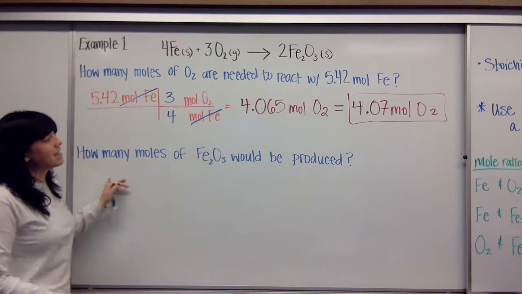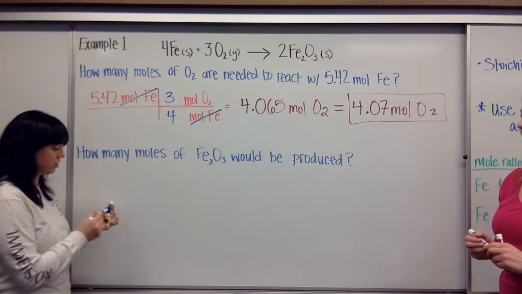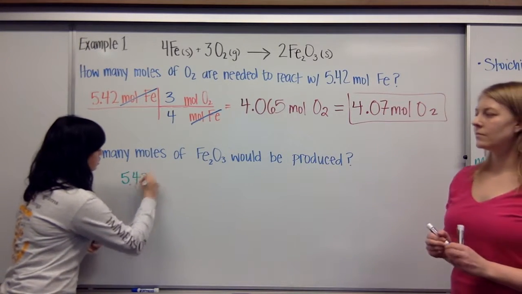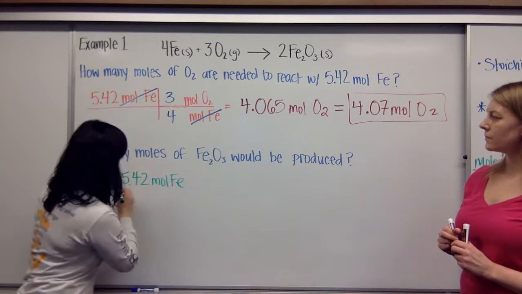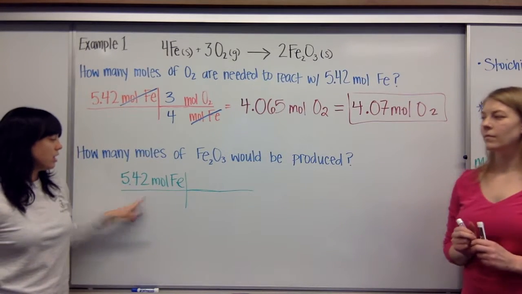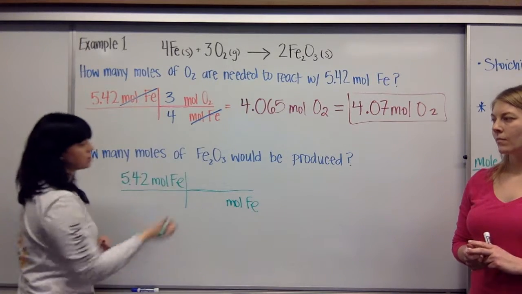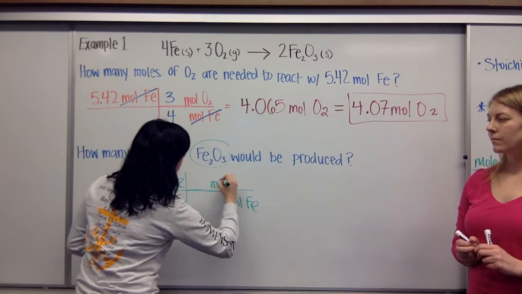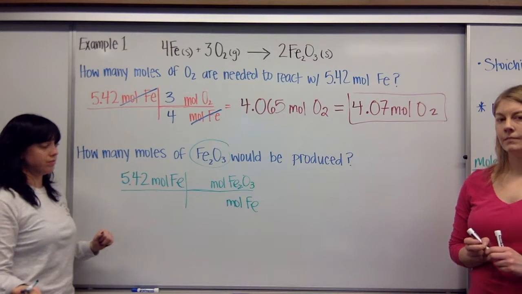So, again, same given. So I start with 5.42 moles of iron. Set up my railroad tracks, or my skeleton. On bottom, I have moles of iron. And I am trying to solve for moles of iron(III) oxide, so I put that on top.